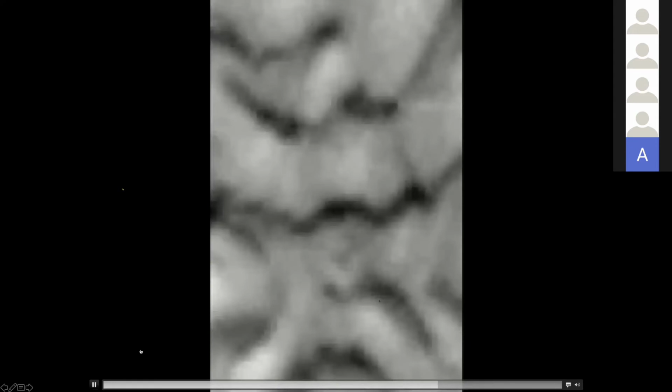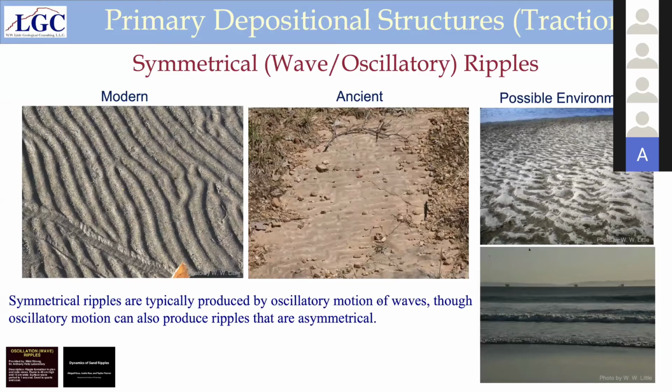Okay, I'm going to cut some of those a little bit short. Okay, so the oscillatory ripples. Notice that these ones look quite a bit different. They're more continuous. They often will bifurcate into more than one ripple. The two slopes are pretty much equal in their slope angle. On this, you see that I've put a beach in here once again because we can find asymmetrical and symmetrical ripples both on the beach.